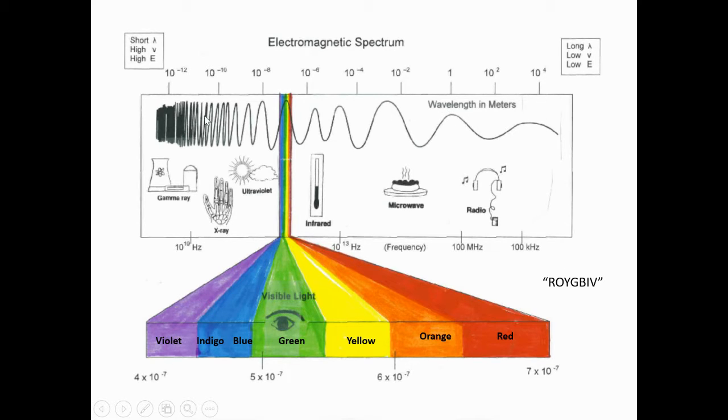You can see that the size of the waves is decreasing, and the frequency value is getting higher. 100,000 hertz, 100 million hertz, 10 to the 13th hertz, 10 to the 19th hertz. These numbers are getting a lot larger. And as the frequency gets larger, the energy associated with them gets larger.